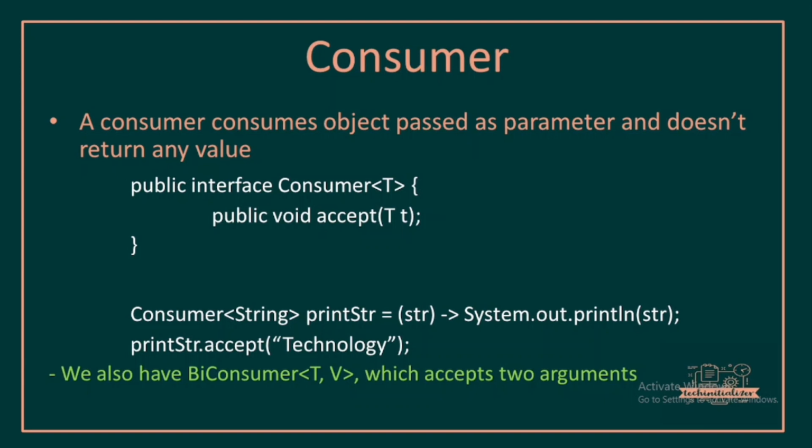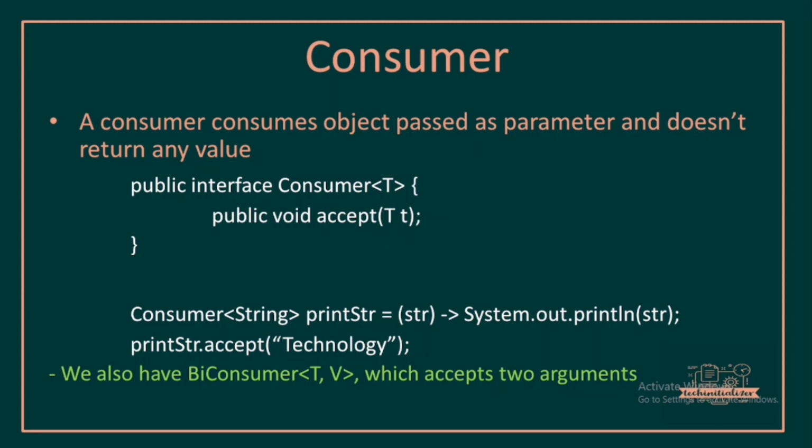Next we have the Consumer, which consumes an object passed as a parameter and does not return any value. It only has one method, which is accept, and it takes an object of type T and returns nothing. In our example, we have created a consumer that takes a string as input and prints it on the console. We need to call the accept method by passing the string.